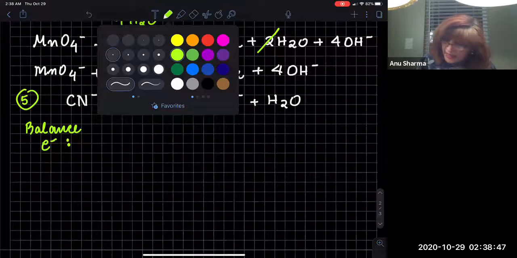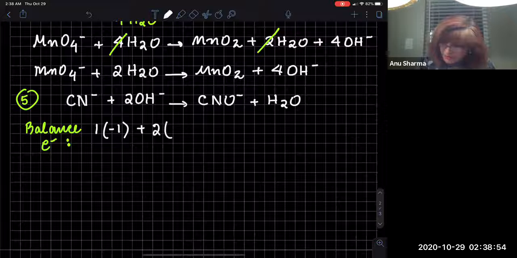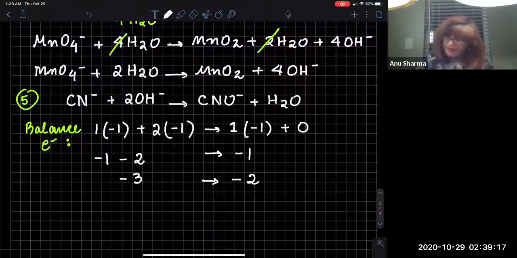So here we have CN⁻ with 1 negative charge plus 2 OH⁻ with 1 negative charge each, giving minus 3 on the left. On the right, CNO⁻ is a negative 1 charge plus 0, so really we are looking at minus 1 here. So what will you do?